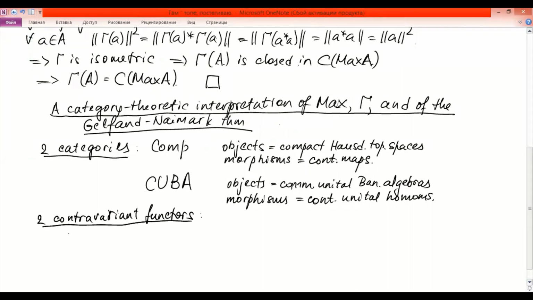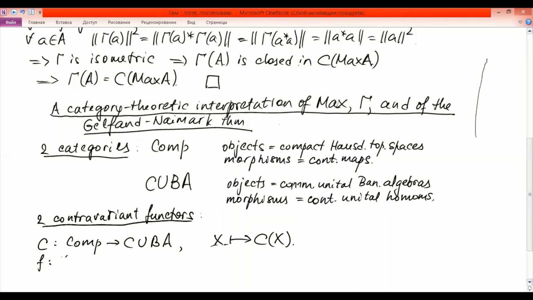The first functor will be denoted by C. It acts from the category of compact spaces to cuba, and it takes each compact Hausdorff space X to the algebra of continuous functions on X. And if f is a continuous map between two compact Hausdorff spaces X and Y, then C takes this map to the homomorphism which was denoted at the previous lecture by f dot.